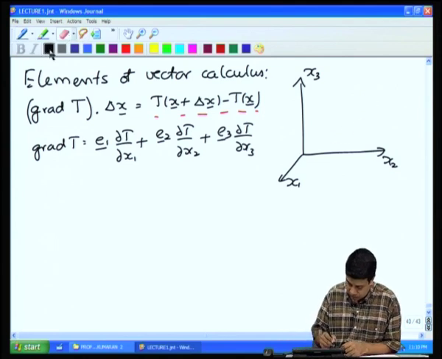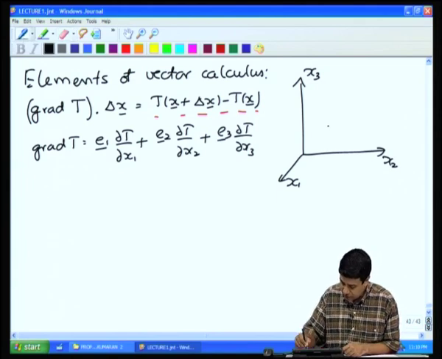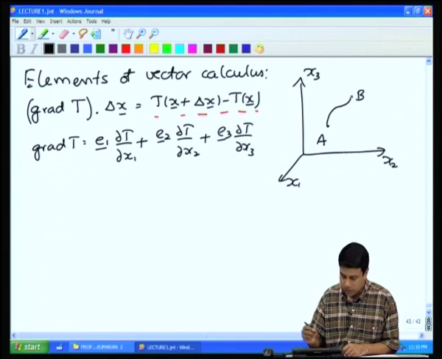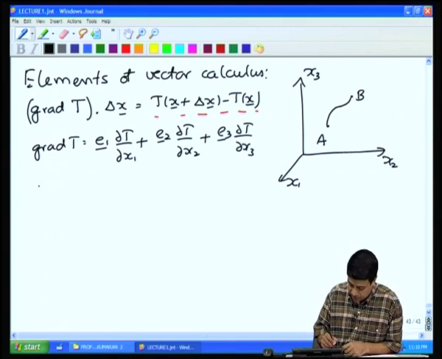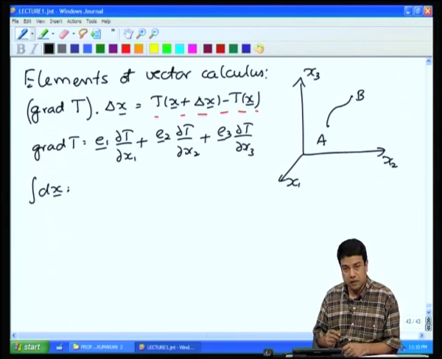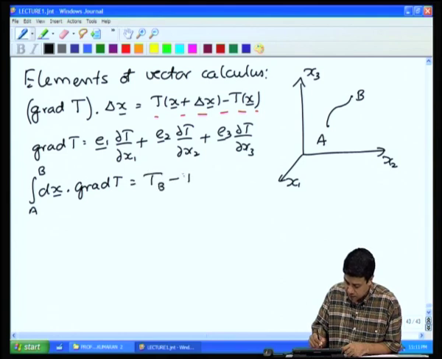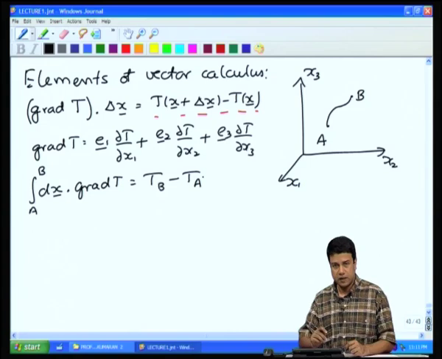So, the integral equivalent of this is that if I have two points here, A and B, and I take a path between these two points, then the integral along that path of the vector displacement dotted with grad T is equal to the difference in temperature between those two endpoints.